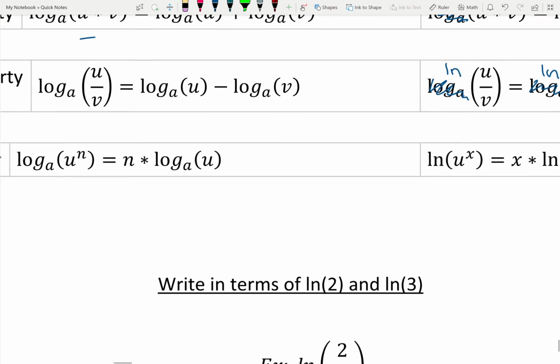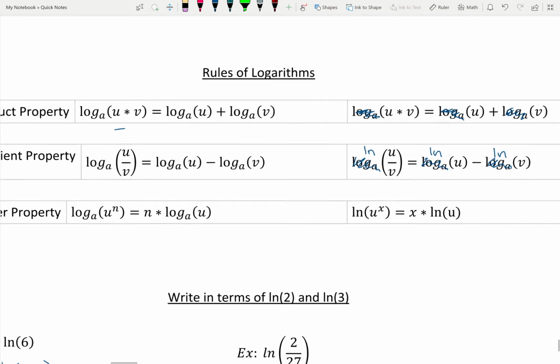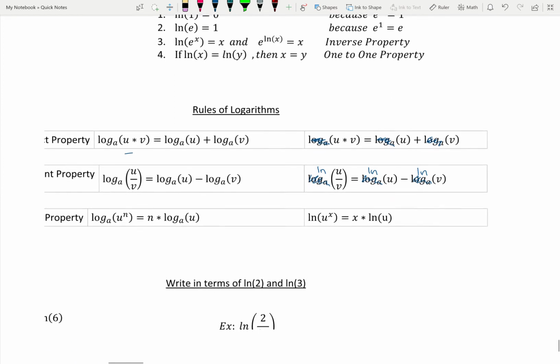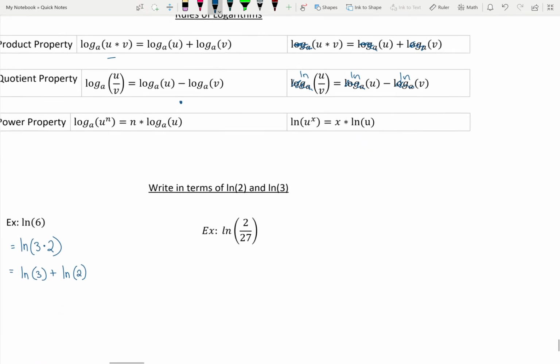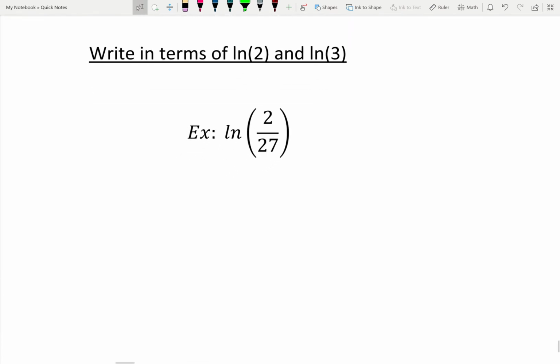So let's try to use the quotient property. So the quotient property says that if I have something divided by something inside my parentheses, I can break it up using subtraction, right? So this guy, I can break him up as ln of the numerator minus ln of the denominator.